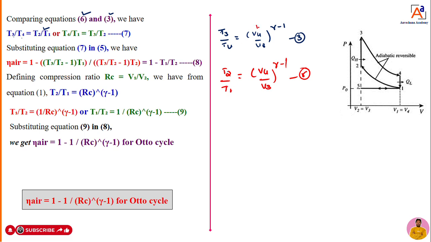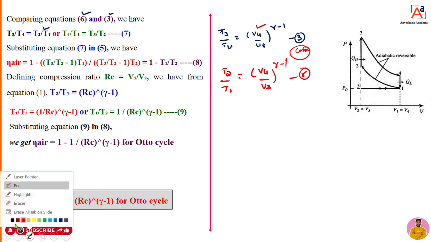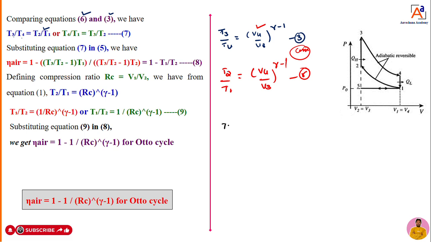So I will compare these two equations and rewrite the equation. T3 by T4 is equal to V3 by V4 to the power of gamma minus 1, which is nothing but T2 divided by T1. So I got the equation T3 by T4 is equal to T2 by T1.